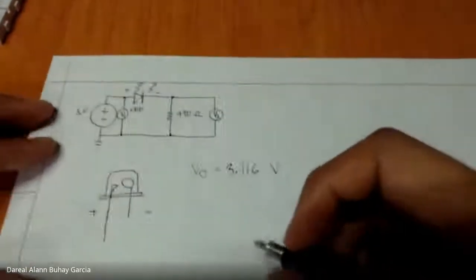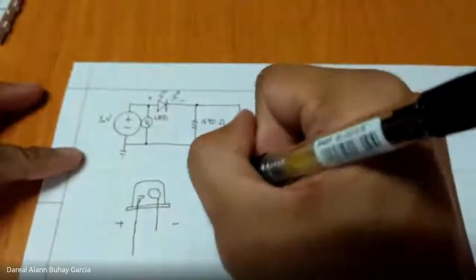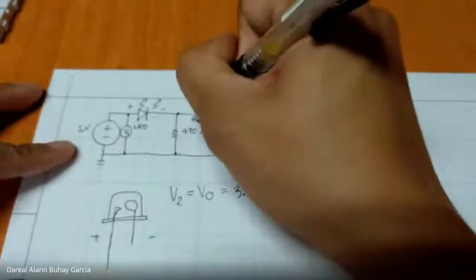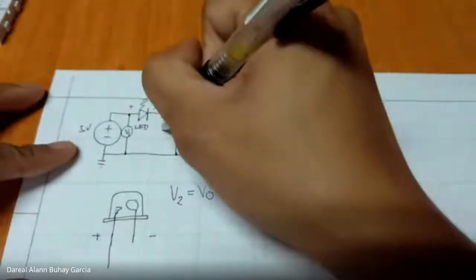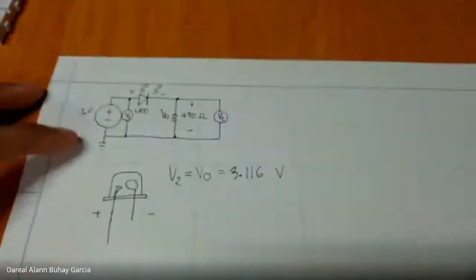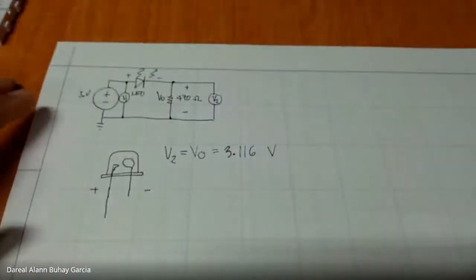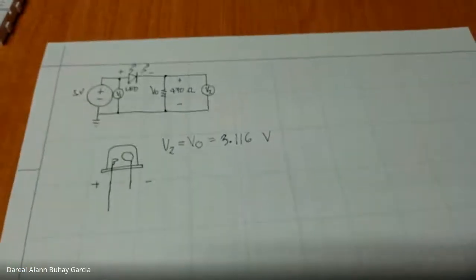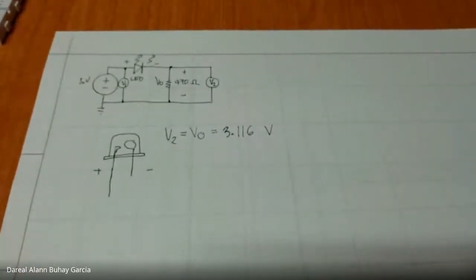so si V2 ni, no? V2 or VO is 3.116 volts. So maning VO. Meaning how much is VD? Ito siya subtract sa 5 volts. 1.884.